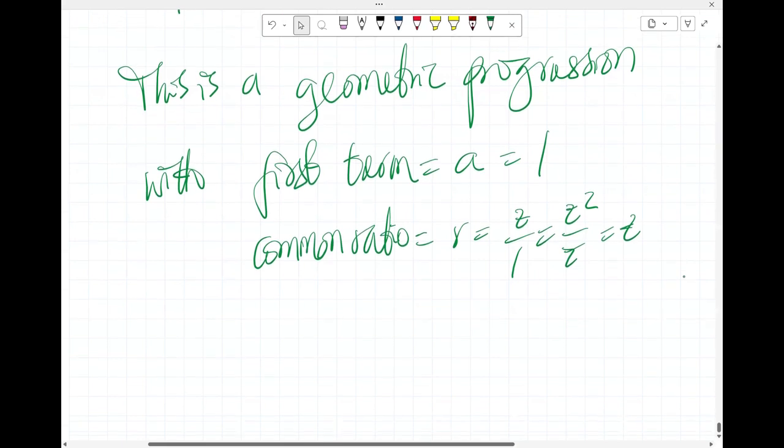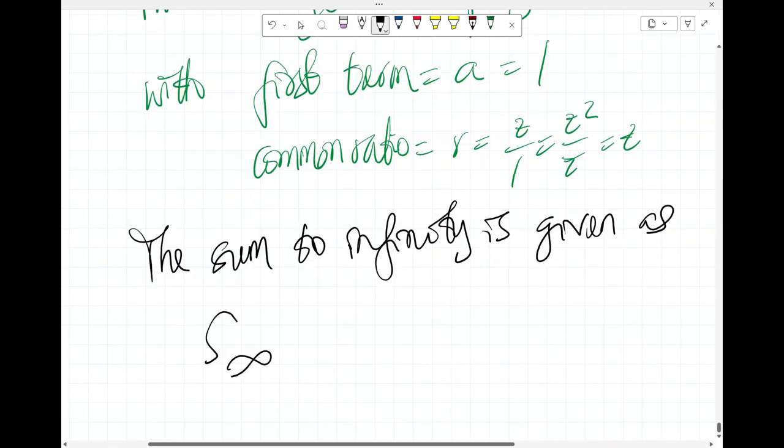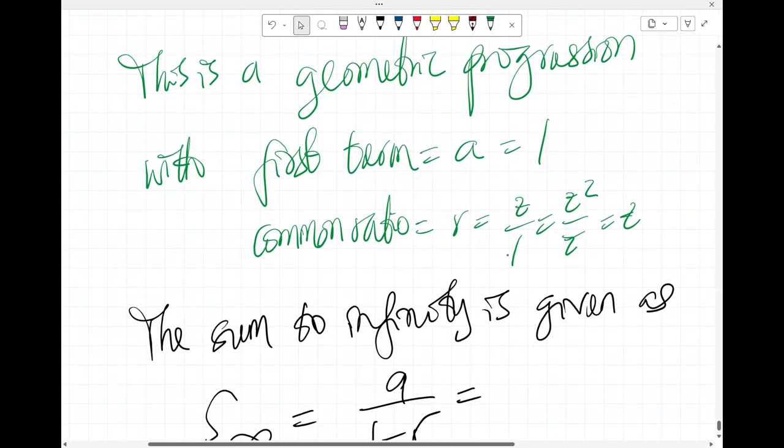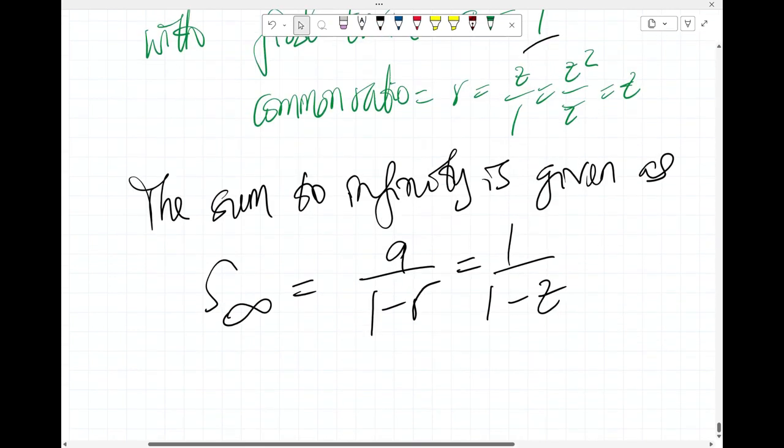So the sum to infinity is given as S infinity, which is equal to A over 1 minus R. And what is A? A is 1, the first term, then 1 minus z. So you see now, we have a cycle.